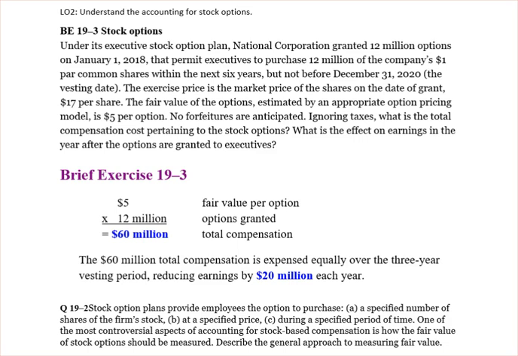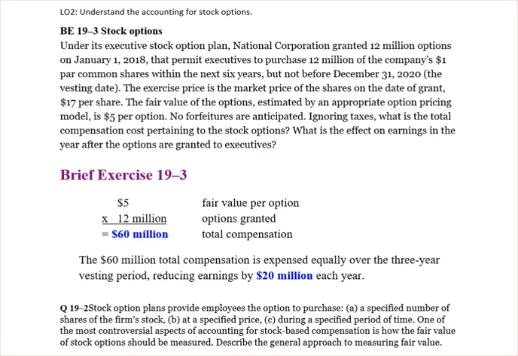You can use other models, perfectly acceptable, but there are certain rules about the model. So most companies usually just use the Black-Scholes model. It's out there. You can buy programs that will calculate it for you. I'm pretty sure you could download a Excel macro that would do it for you.